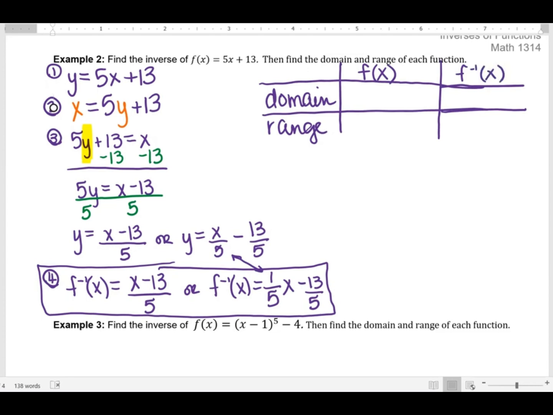So domain of f of x is a linear polynomial. We like polynomials because we know their domains are negative infinity and positive infinity. And if we found the domain of f of x, that means that we found the range of the inverse, because remember, we flip the x and y's for our inverses.